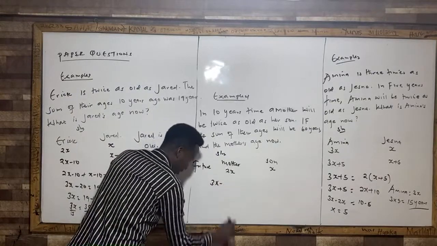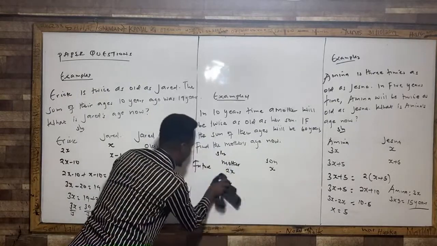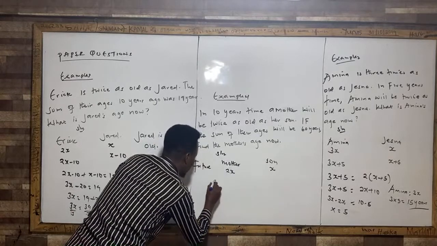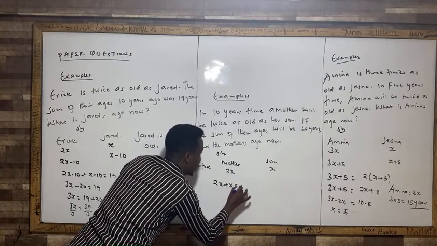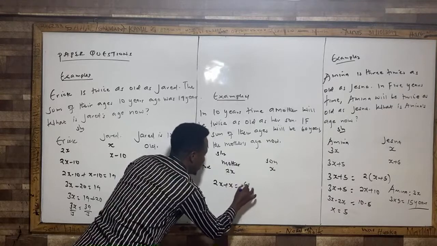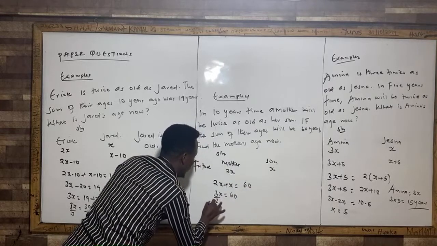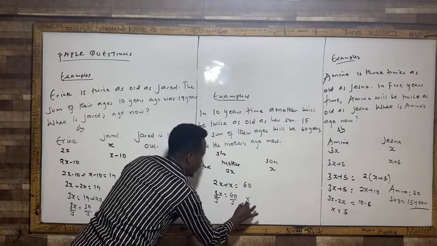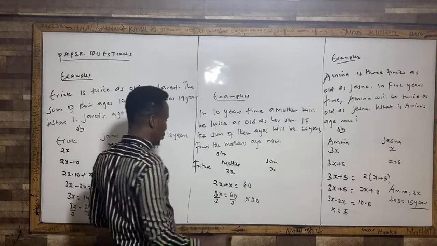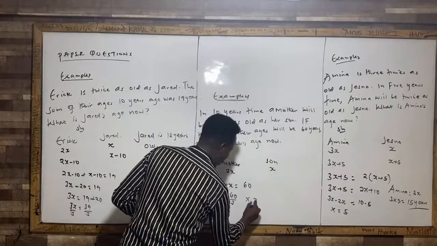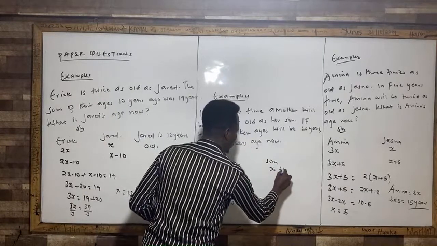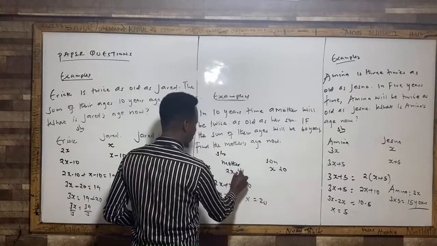You're told the sum of their age will be 60, so I'll say 2x plus x is equal to 60. So I'll have 3x is equal to 60, divide by 3 on both sides, they cancel. x is equal to 20. So this is 20 and this is 40.